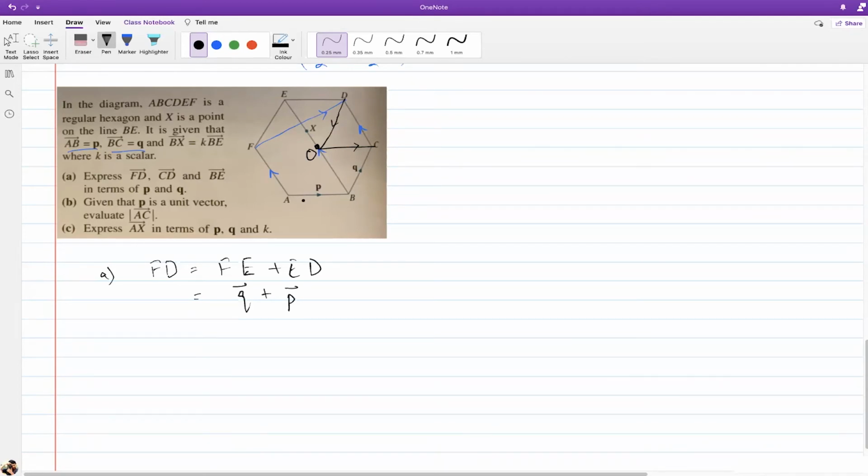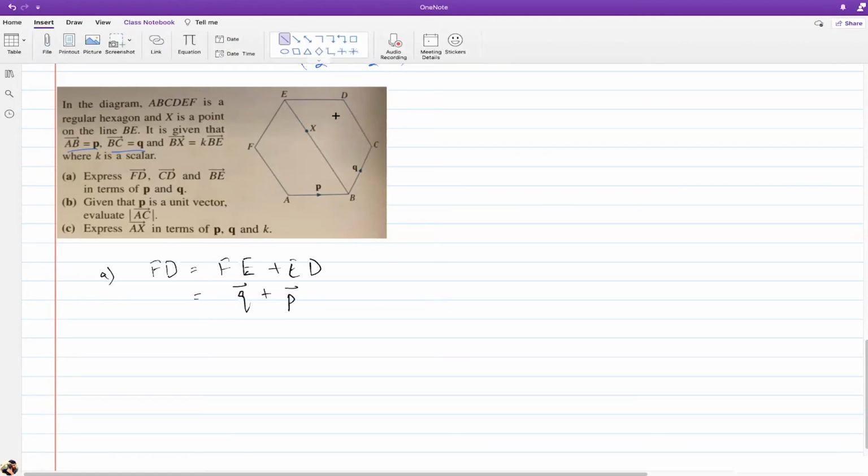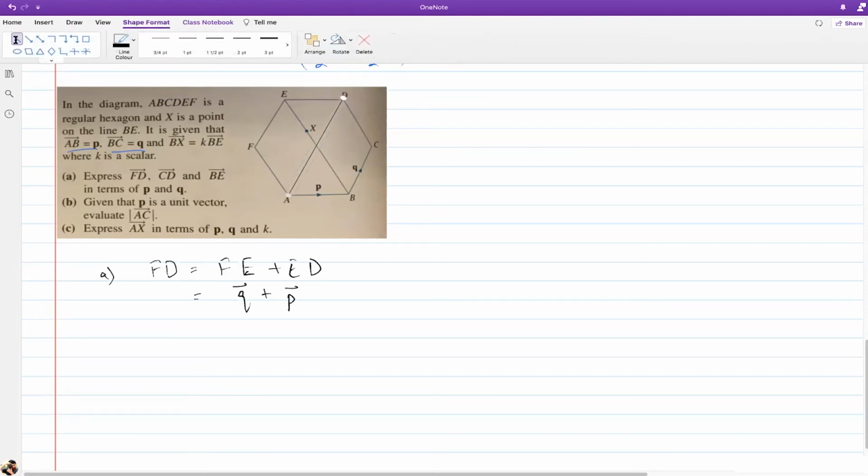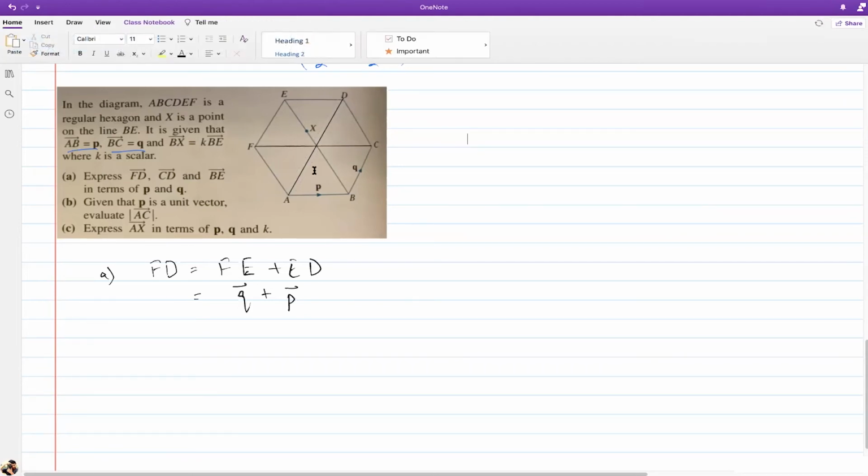So their direction is not the same. Direction is the same. Because what I'm doing here is dividing this whole thing into equal parts. If I draw it like that, and I draw this like that, I know that these are all equilateral triangles.